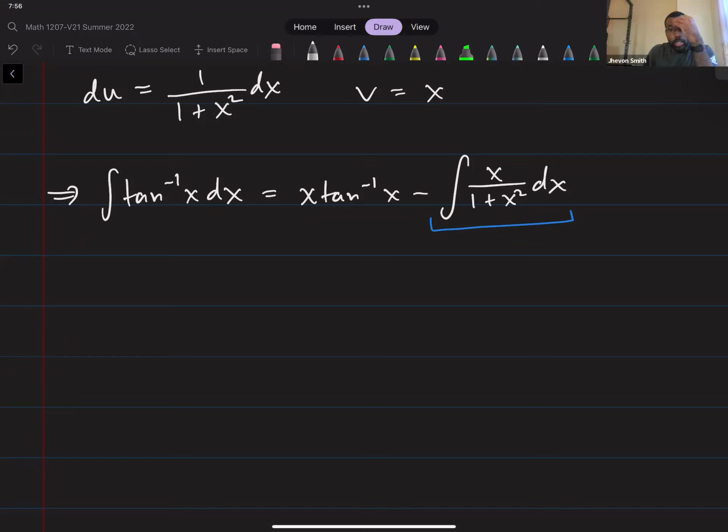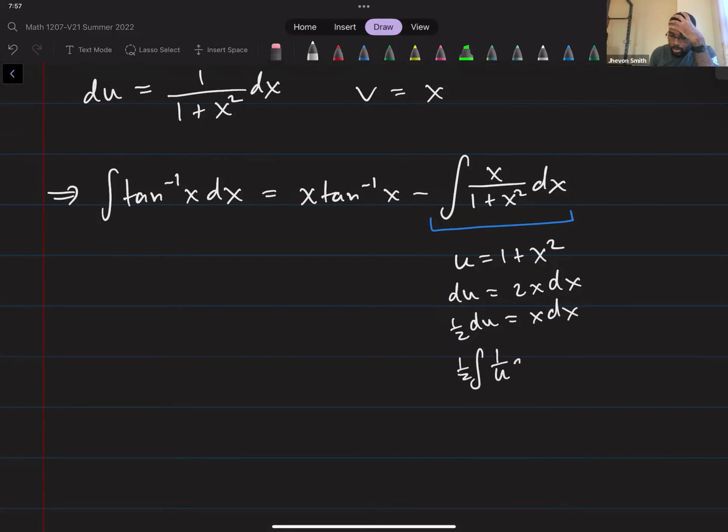Right, because your du would be 2x dx, and you have an x dx there. So this does become 1/2 times 1 over u du.